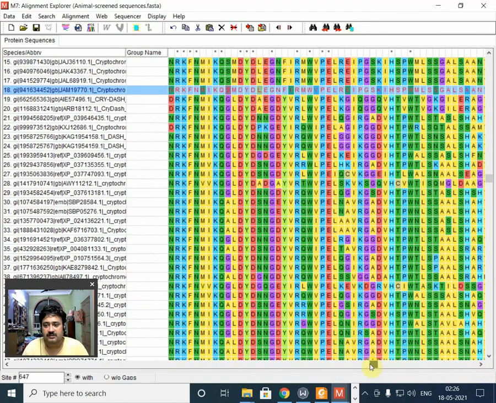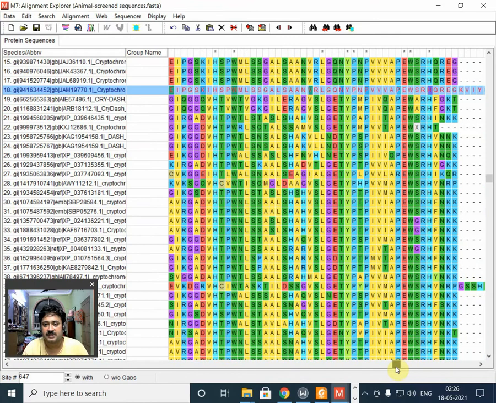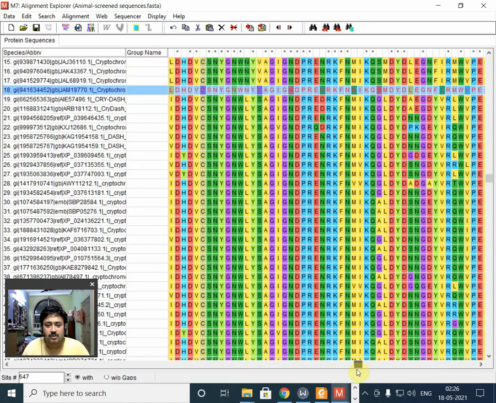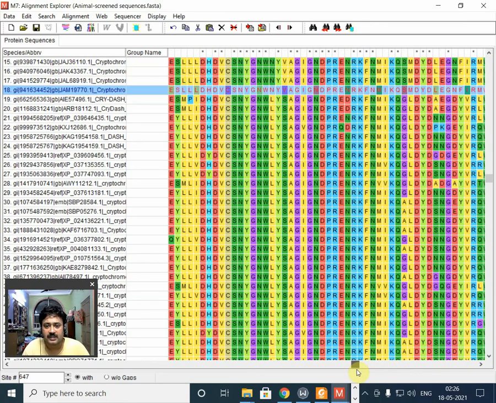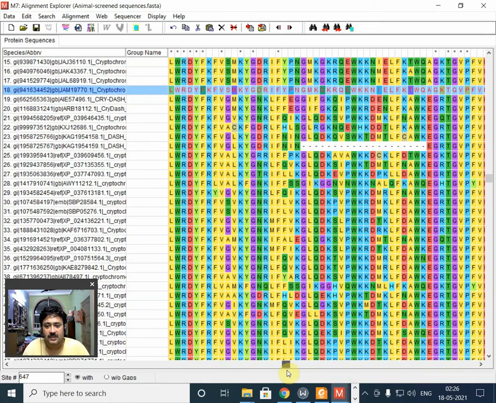If you remember, after the very first alignment there were hardly 2 or 3 stars. Now, if I scroll along that whole data, as you can see, there are a number of stars. The number of stars has increased manifold.